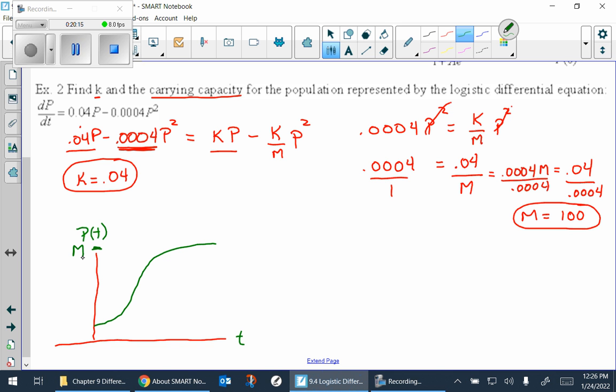Now, you can see this was kind of concave up, and then it became concave down. There's a point of inflection in here. And the question often comes up, when is the rate of change the largest?